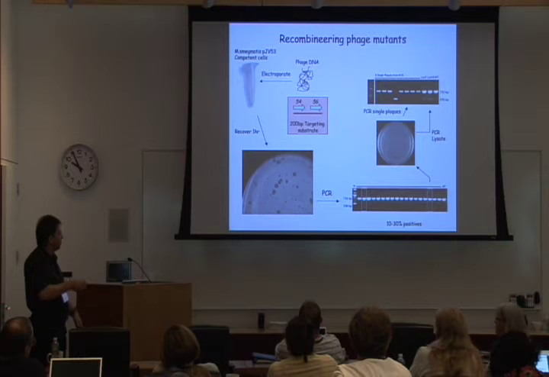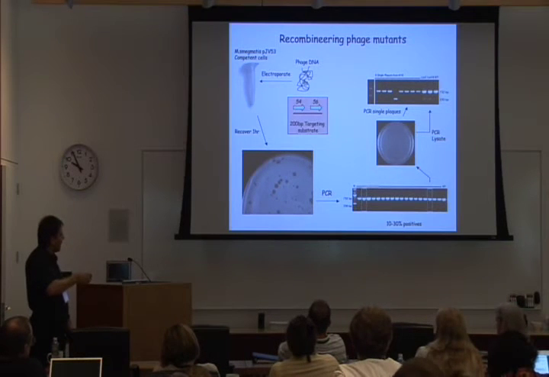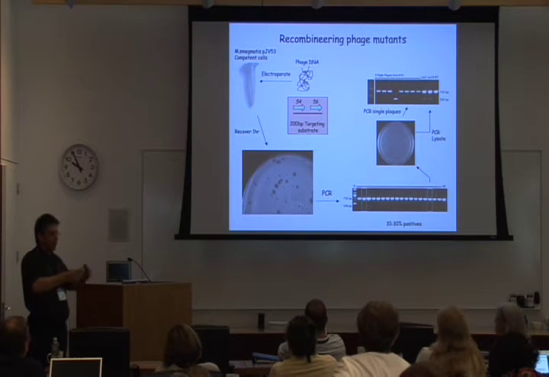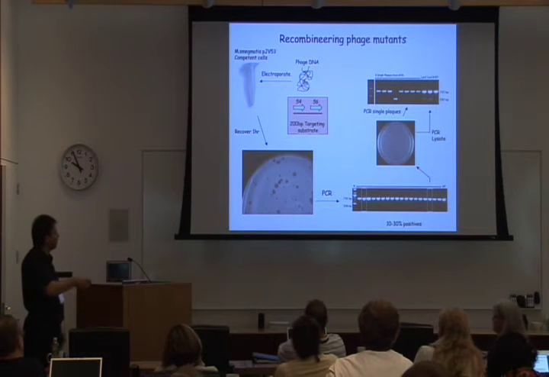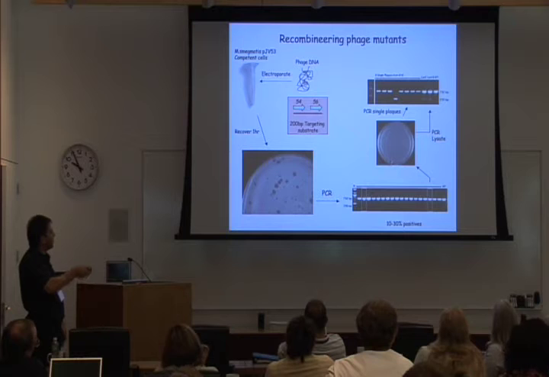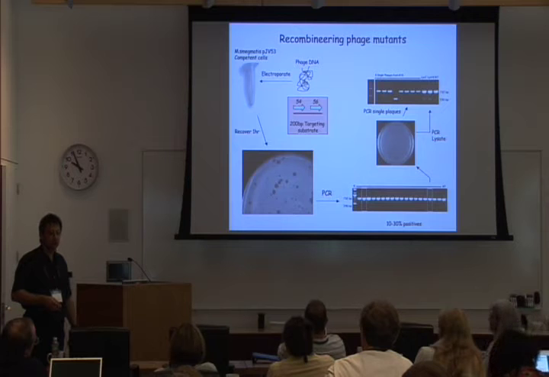They're mixed plaques, but all you do is do what the world did. Pick a plaque of the mixed plaque, dilute it out, so you've now got individual plaques. So now you're separating the wild type from the mutant from the population. Pick another 12 or 18 plaques, and you can readily identify a clean deletion derivative of that mutant.